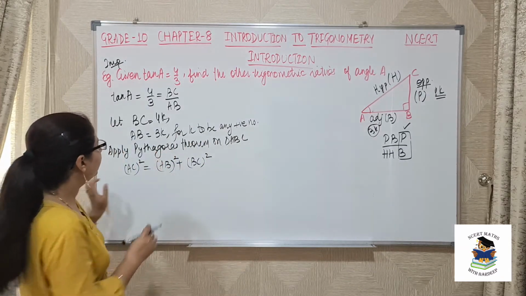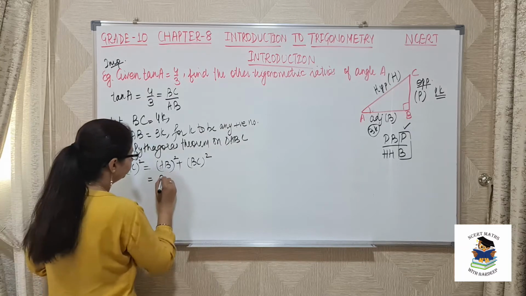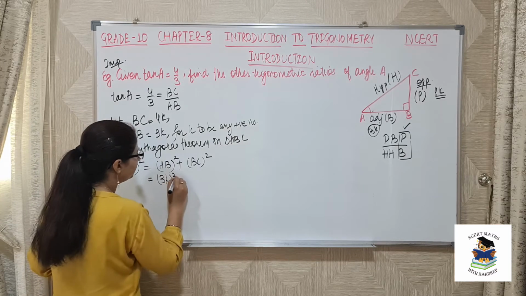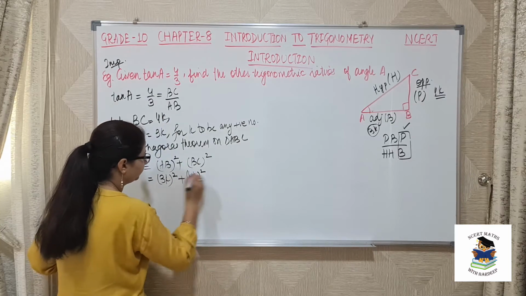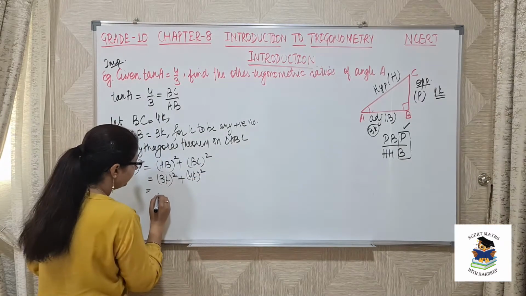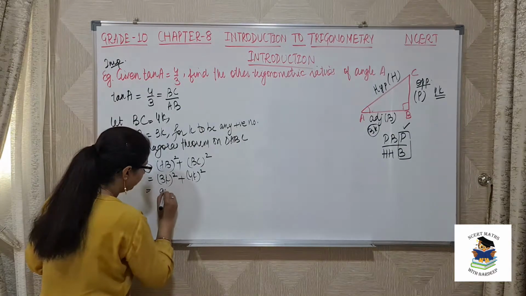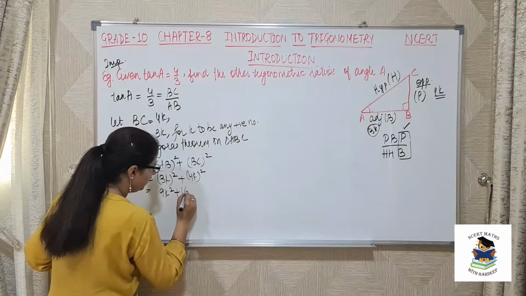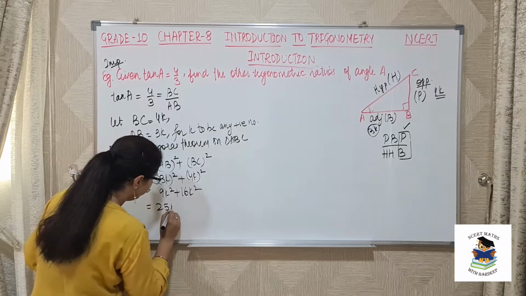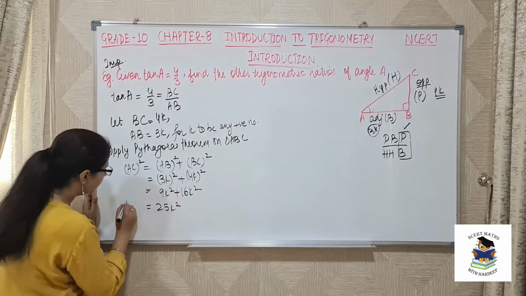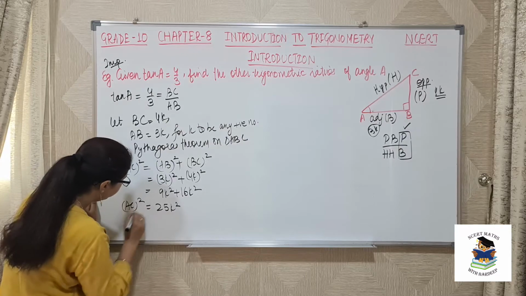So now we will put the values. AB is 3k, so this is 3k square. BC is 4k square. Okay. So 3k square is 9k square, and this is 16k square. So 16 plus 9 is 25k square, and this is AC square. So what is AC?